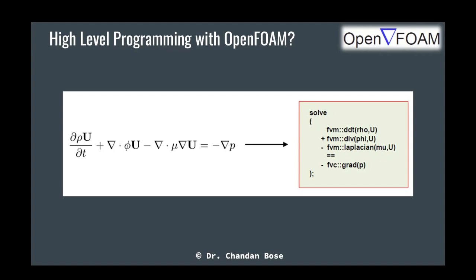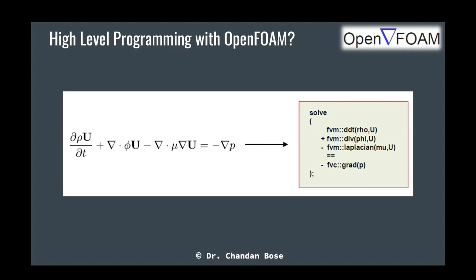Now, to do that, as I said, you have to use first the classes of object-oriented programming and then call the objects and the functions which are defined within the class. Otherwise, if you directly call this function, let's say ddt, OpenFOAM doesn't understand where it is located. Where is the code which does ddt located, right?